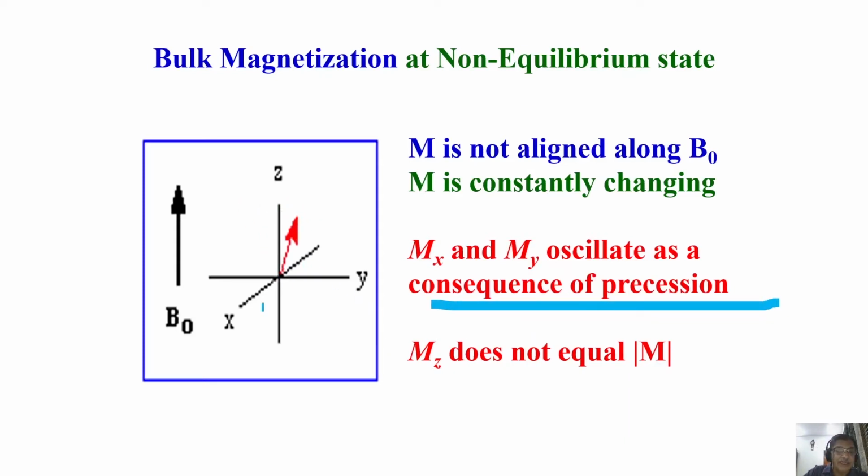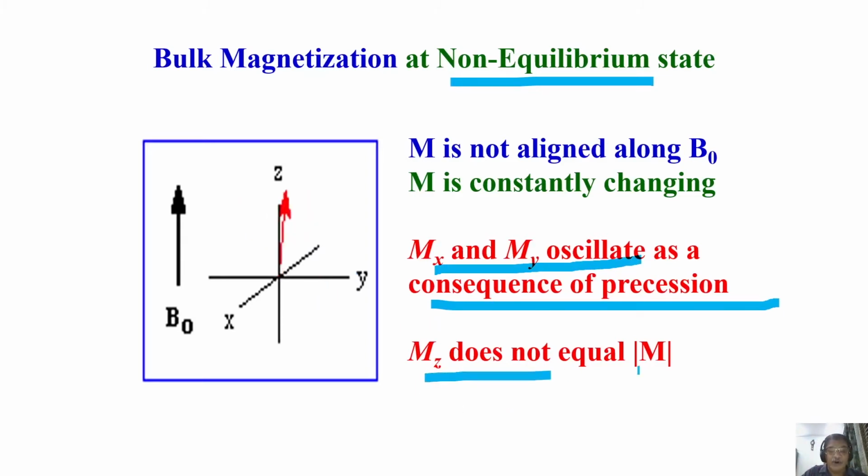Now Mx and My components are non-zero. In thermal equilibrium, the bulk magnetization was along Z axis and Mx, My components were zero. But in the non-equilibrium situation, these two are non-zero because of the constant rotation of the bulk magnetization.